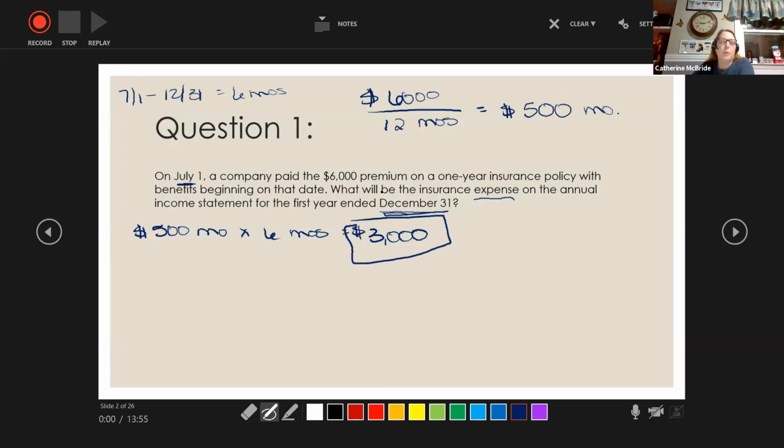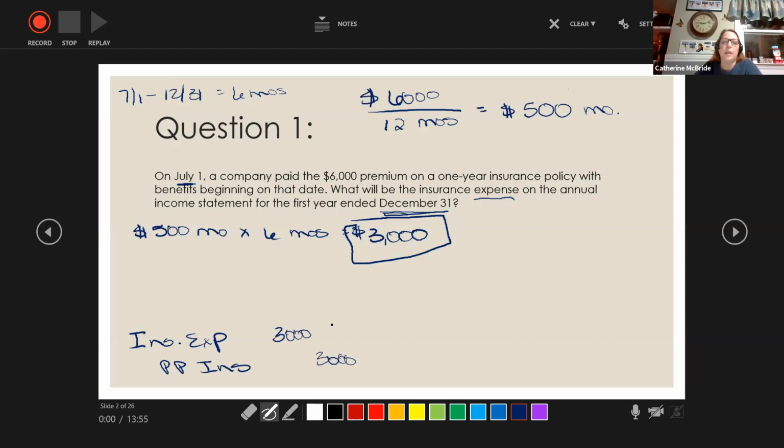The answer on your test would be whatever the number is, but in this case, it would be $3,000. If you were going to do the journal entry, then you would be recording insurance expense and reducing your prepaid insurance for the $3,000.